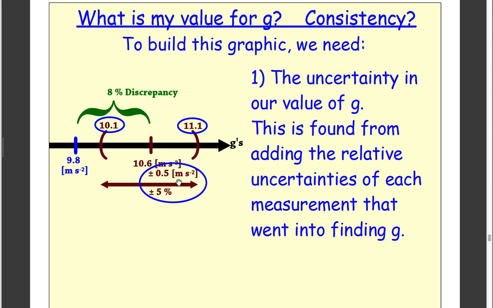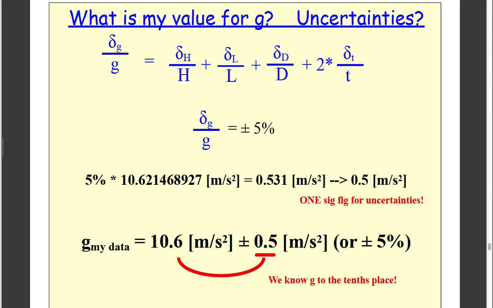So now we know how we can build this value. The 5% comes from the sum of those relative uncertainties. How do we get the plus or minus 0.5 meter per second squared? Well, we can take 5% of our huge number of sig figs, okay, our value for G. Maybe you had 9.32946, whatever.